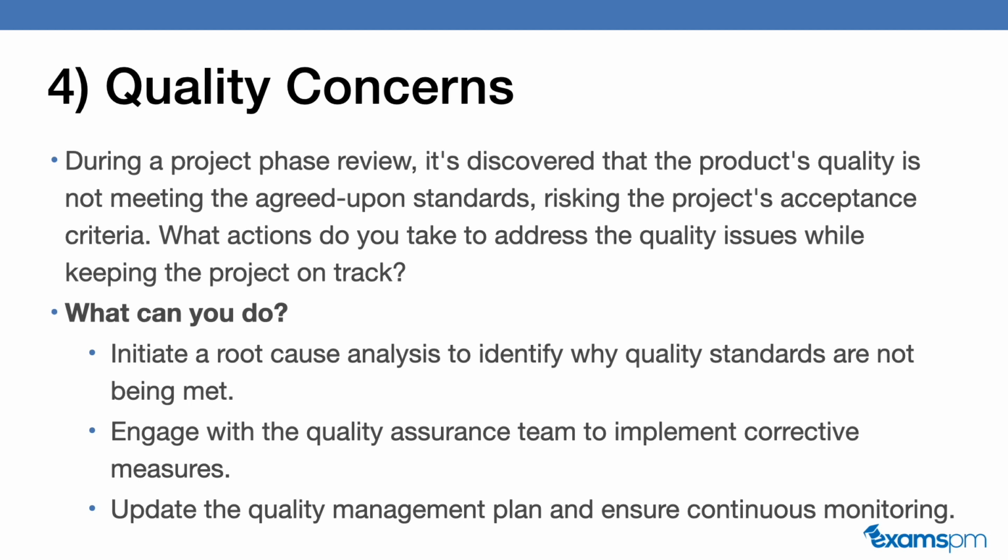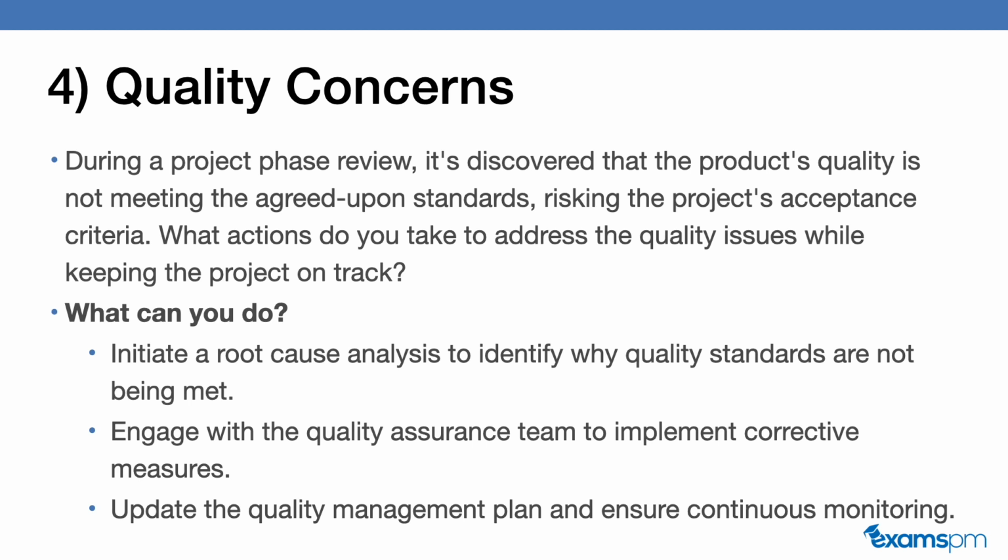You could also engage with the quality assurance team to implement corrective measures. So the first thing you want to do is figure out what that quality issue is, then figure out what's causing that problem, then meeting with your team to brainstorm solutions, and finally correcting those problems and updating your quality management plan to ensure that the same issue doesn't happen for future projects.